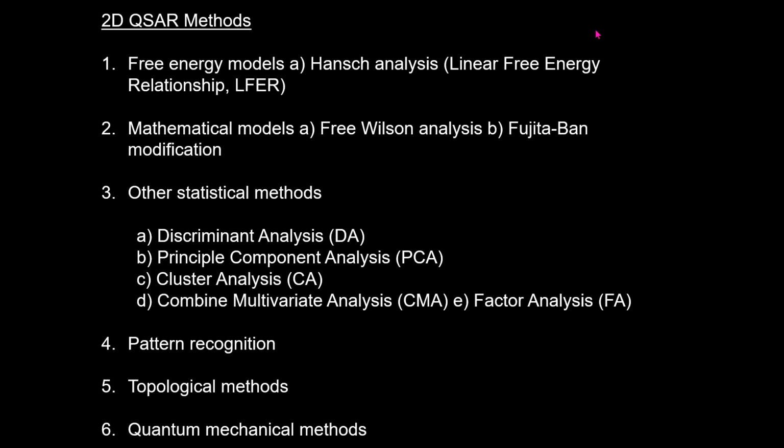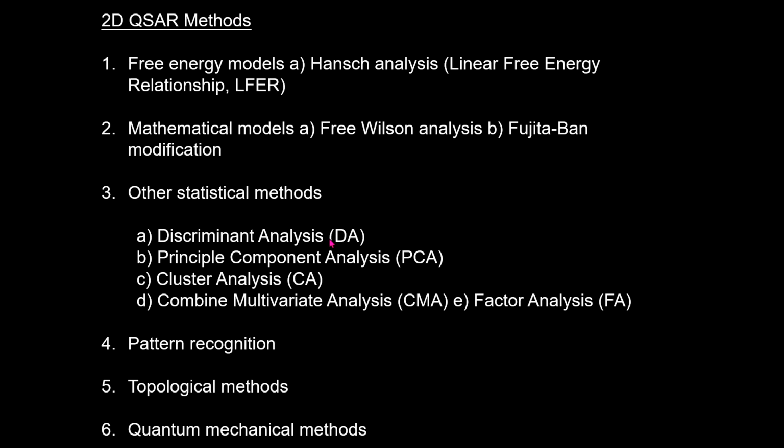So there are different approaches. Hansch analysis is there, and then there is Free-Wilson analysis. Then there are many statistical methods to develop a mathematical relation between the descriptor, that is the x, with the y.